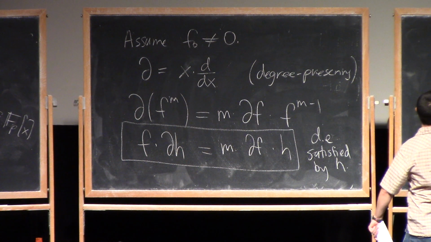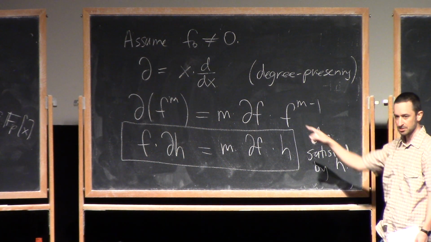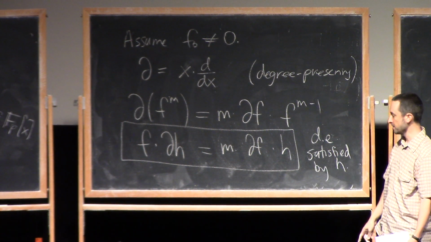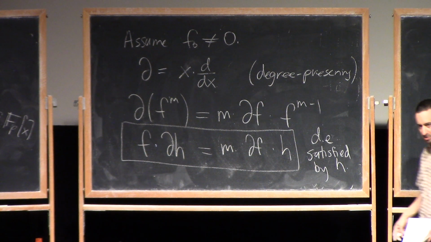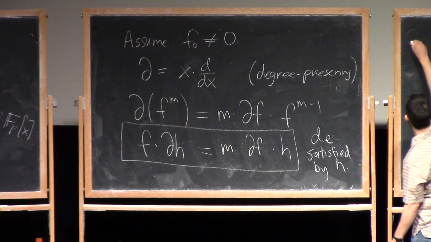And I think I'll just write down one more line. So what you can do in this equation is you can equate coefficients on both sides. Right, you can look what's the coefficient of x to the k on the left and x to the k on the right, and you can do a little bit of algebra. So there's a problem in the notes that asks you to do this. And here's what you get.